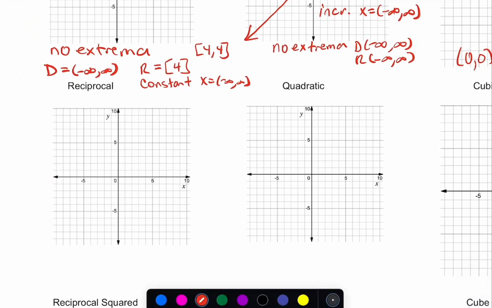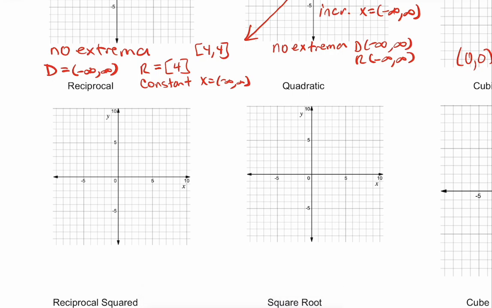Now let's talk about our reciprocal function. Remember, that's y equals 1 over x, or y equals x to the negative 1 power. When you want to take the reciprocal or flip something, you use a negative power, so that can be a way to remember that that is the option. Flip it, 1 over x, or x to the negative 1 will do the same thing.